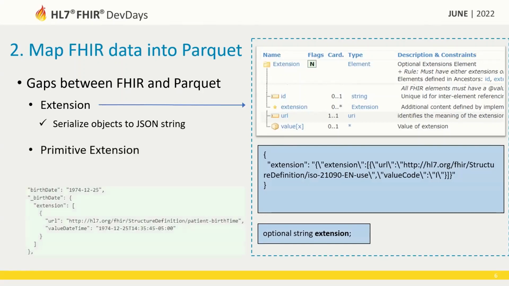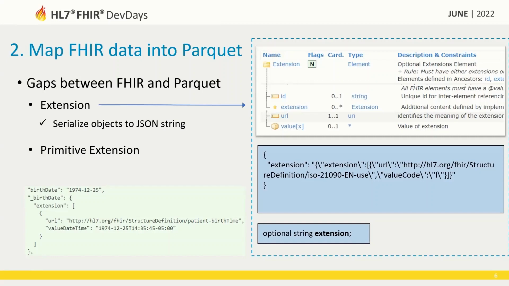The last one is primitive extension, which means the extension on primitive types. For example, here birth date is a primitive data type value, and its primitive extension is prefixed with an underline. Almost every primitive value can have primitive extensions, but those extensions are rarely used, and the extension value in this type of analysis is even more marginal.